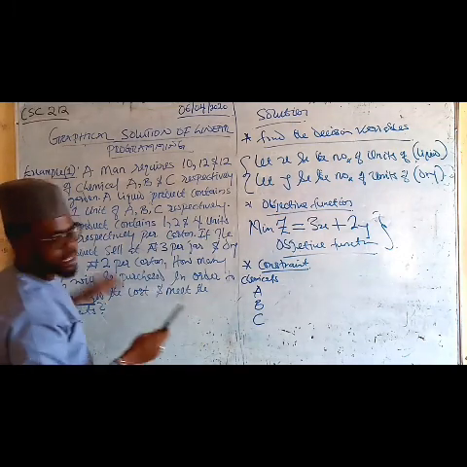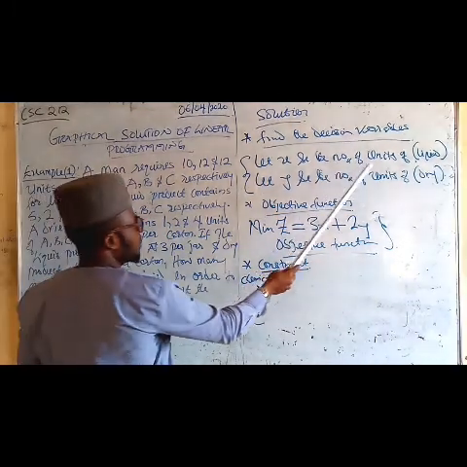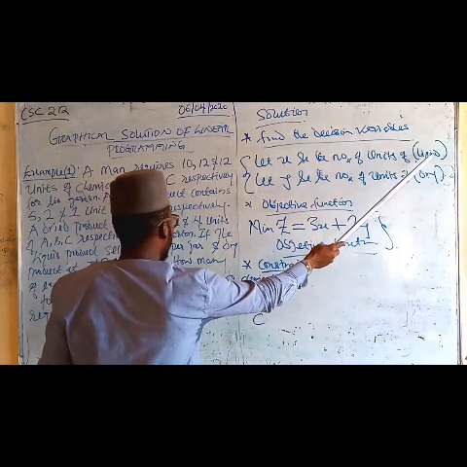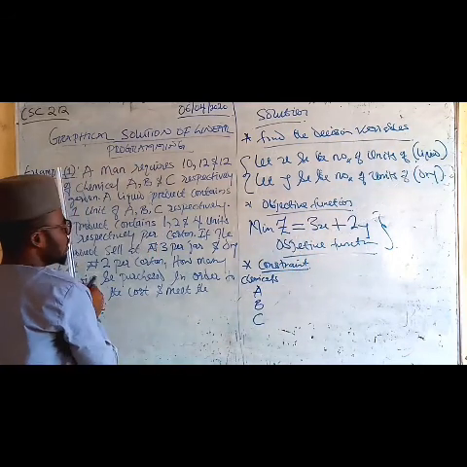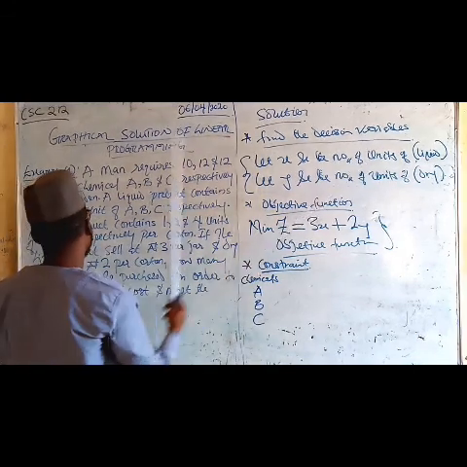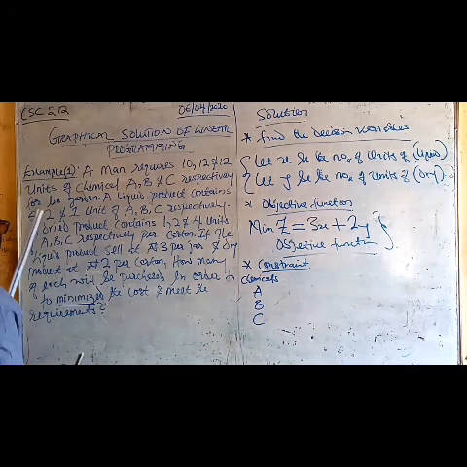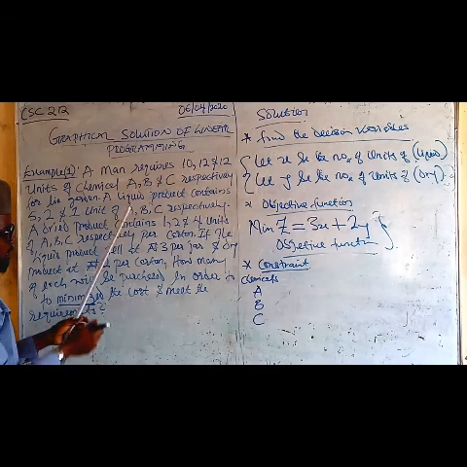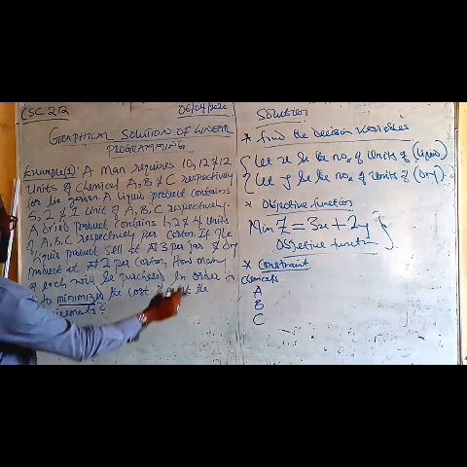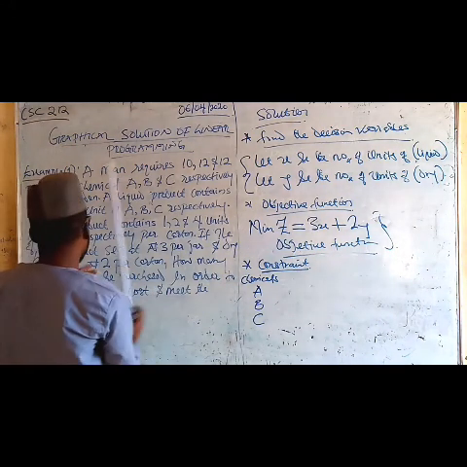And we have already let X be the number of units of the liquid product. Since X is the unit of liquid product, and it has been stated that a liquid product contains 5, 2, and 1 units of A, B, and C, definitely the chemicals contain each of the liquid product.